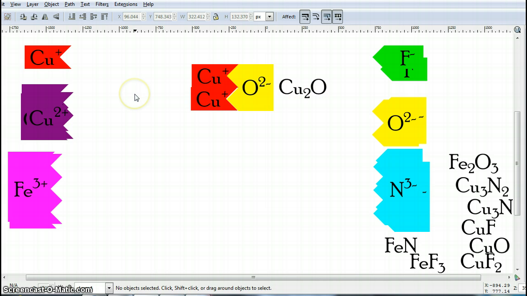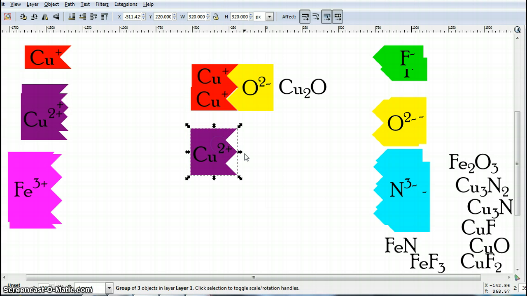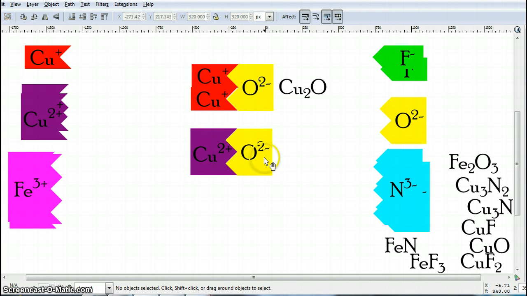Now, if I want to form copper oxide, but with copper type 2 or copper Roman numeral 2, what we would see here is that I have two positives, and if I bring the oxygen, which always has two negatives because these don't vary, these would simply piece together easily. So when we look at copper 2 oxide, it forms in a different ratio. Because of its +2 charge, we only need one oxygen to cancel it out, and we have a 1-to-1 ratio here.